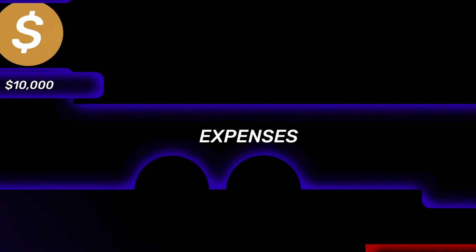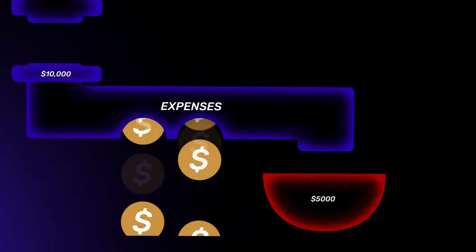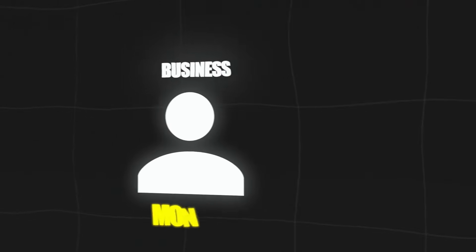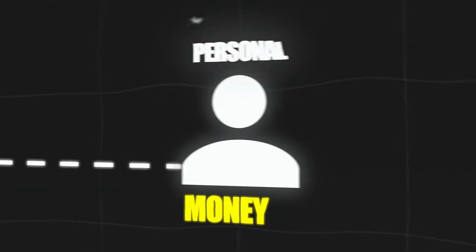Let's use an example. Let's say in December, you made $10,000. $10,000 came in, you paid your expenses, you took care of what you needed to, and now you have $5,000 left in your business bank account. You put half of that away for taxes and you have $2,500 left that you say, hey, I want to keep to myself and transfer to my personal account.